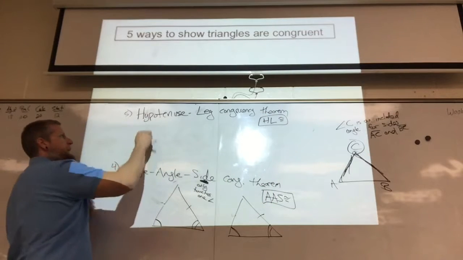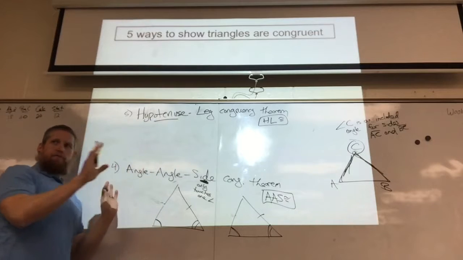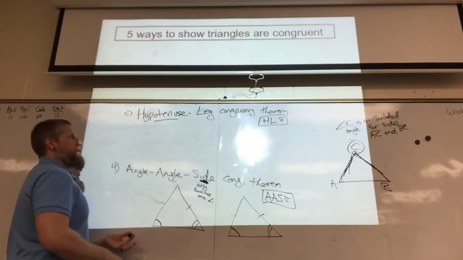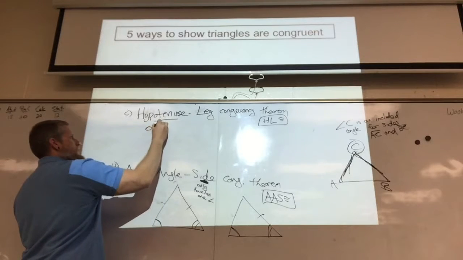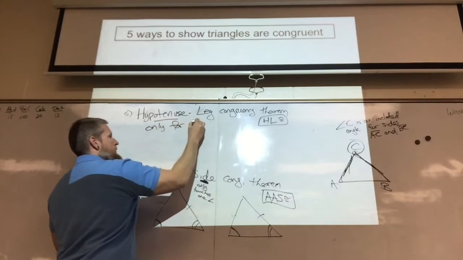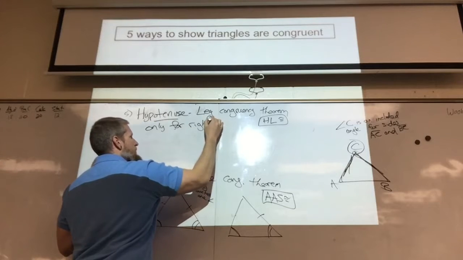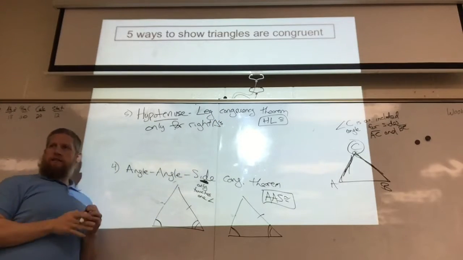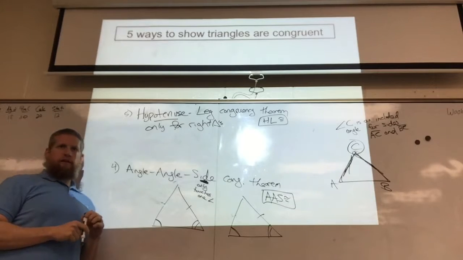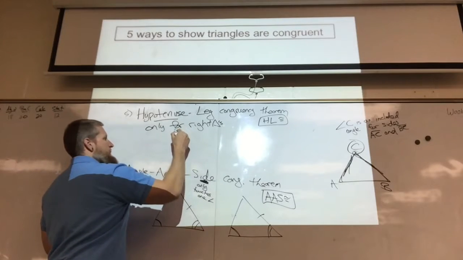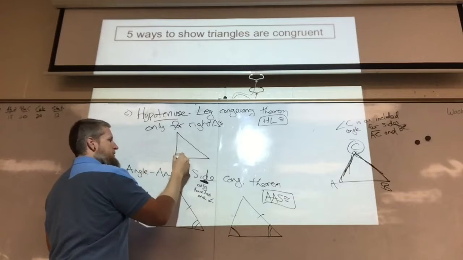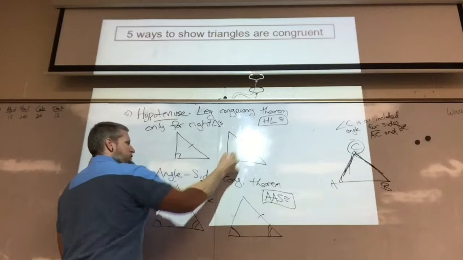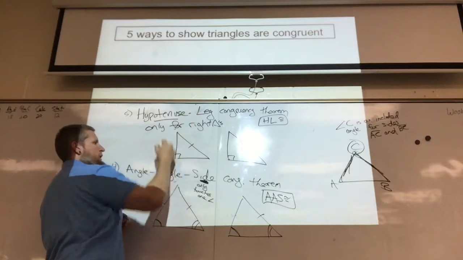Since this one has that word in it, the only type of triangles that have hypotenuses are right triangles, so this is only for right triangles. If you don't have right triangles, this doesn't exist. Just forget about it. Blow it out of your head. Also, you have to have a hypotenuse marked congruent and then one of the legs.